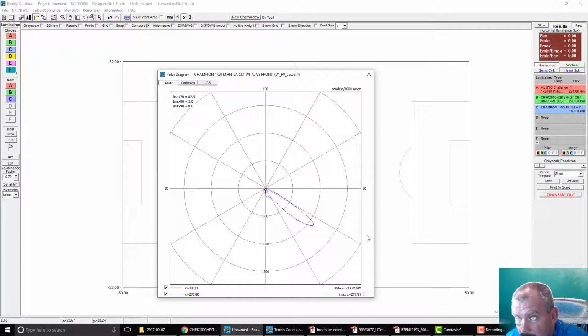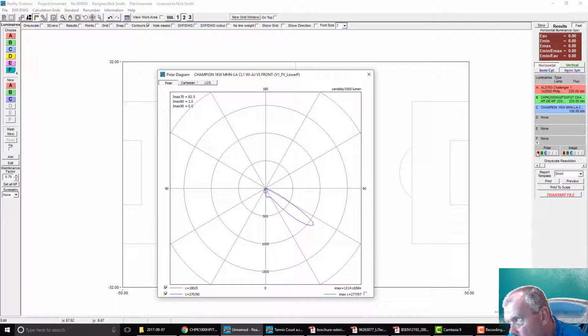So this is showing you that the output is coming out at probably about 50, maybe 55 degrees perhaps. And then the red distribution is showing you the output left and right, as if you were looking straight out from the fitting and looking at what's going left and right of the fitting. So it gives you an indication of what's going on.